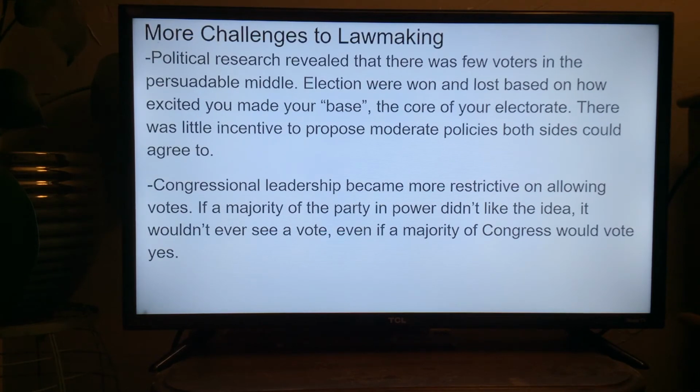So why have the parties moved over so much? There are a lot of reasons, and perhaps some of it reflects shifts in society. The point I'll make is that political research has revealed that there are relatively few voters in the middle. You might think that you win an election by winning the middle. If you're a Republican, you know that the real hardcore conservatives are going to vote for you, because they're going to vote for a Republican.